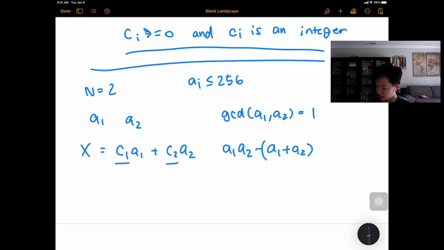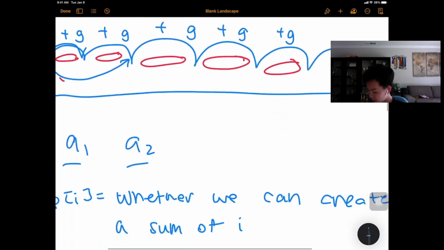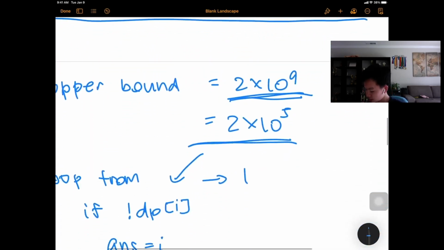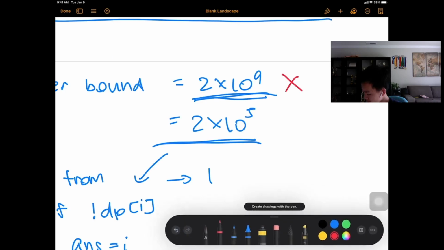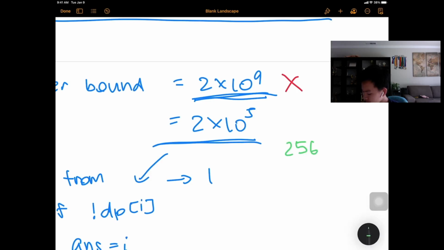If this is our bound, then our upper bound, as I wrote over here, is not going to be this. Instead, it's going to be around something like 256 squared, which is a pretty small number.